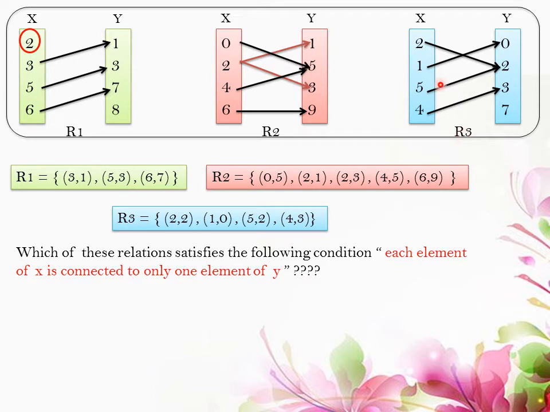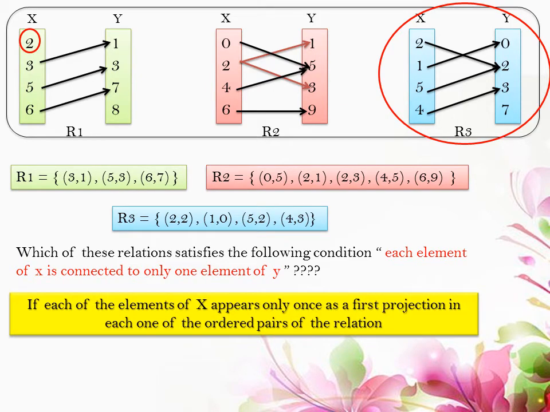But in R3 each element of x is connected to only one element of y: 2 with 2, 1 to 0, 5 to 2 and 4 to 3. So we find that relation R3 satisfies this condition.